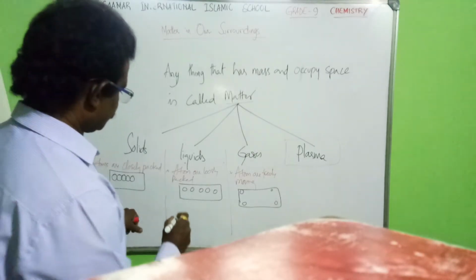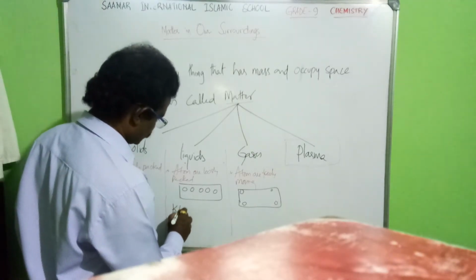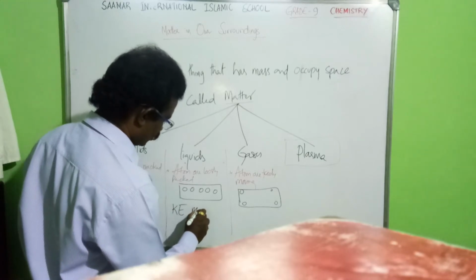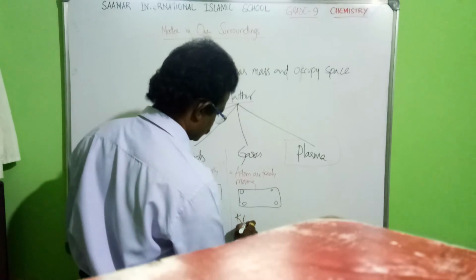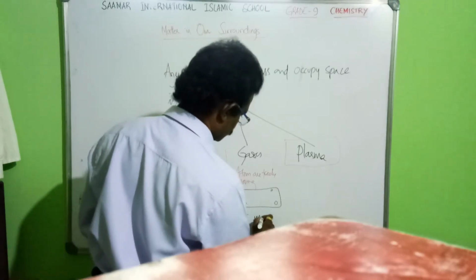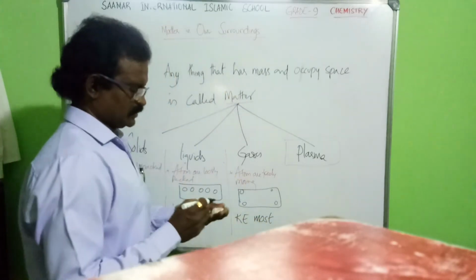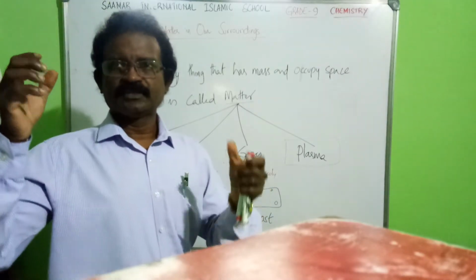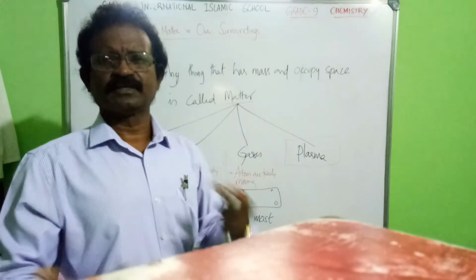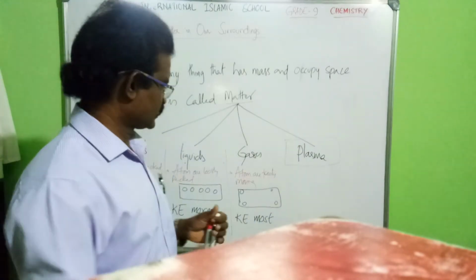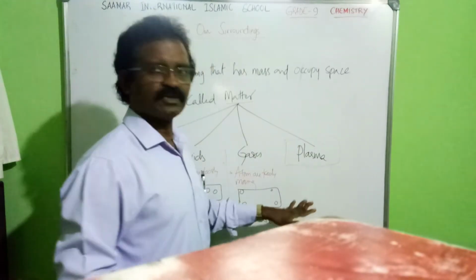Here the kinetic energy is least. Here the kinetic energy between the atoms is more. Here the kinetic energy is most. That's why if you take a balloon, blow air in the balloon and prick a hole anywhere, you will get the same pressure out. Is it clear? Kinetic energy is more.